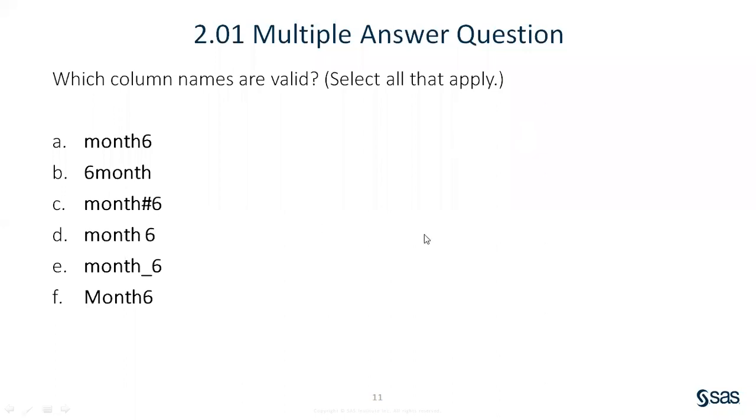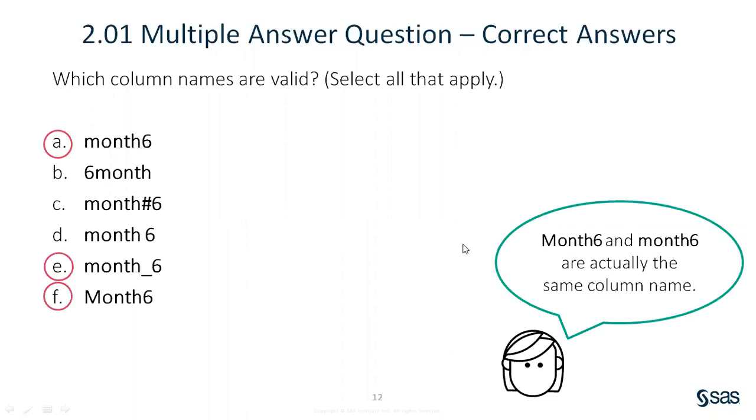As per this question, which column names are valid? The answer is A, D, E, and F, except C. B is not correct because it starts with a numeric. C is not correct because it has a special sign; only underscore is valid. And D is also incorrect because it has a space.